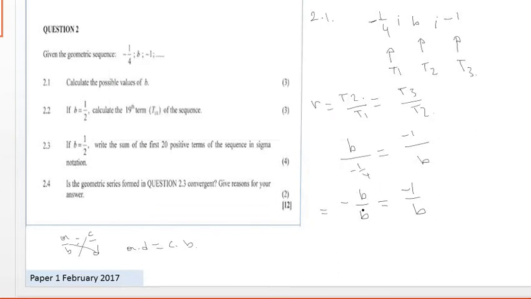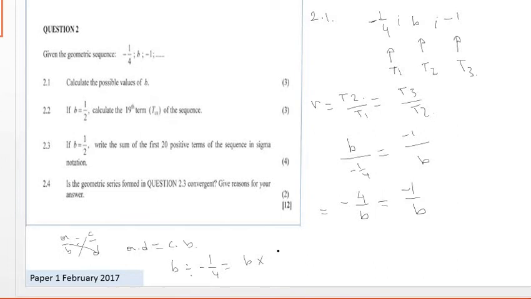So how do they get negative 4 over b? It's simple. If I have b over 1 divided by negative 1 over 4, that is the same as b divided by negative 1 over 4. To work this out, we take b, and we multiply by the inverse of negative 1 over 4.